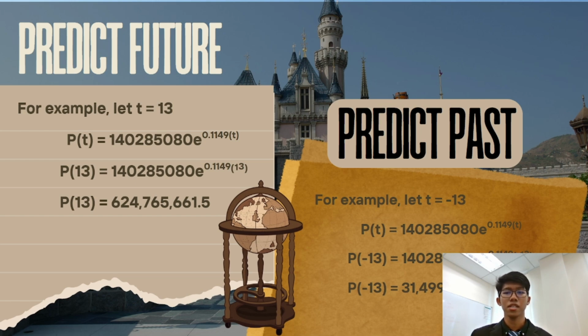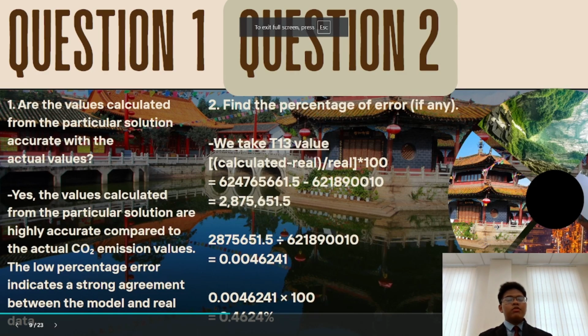And if we want to predict the past, we substitute the year that we want with a negative to show that it was in the past. For example, if we substitute negative 13 in the formula, we will get 31,656.4.